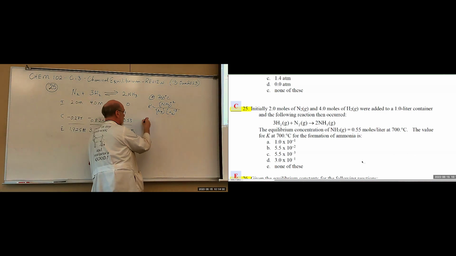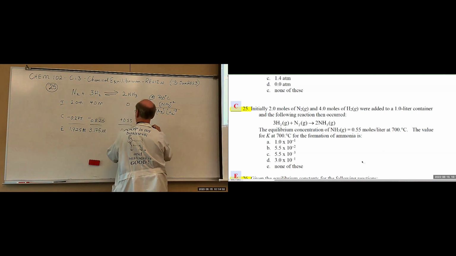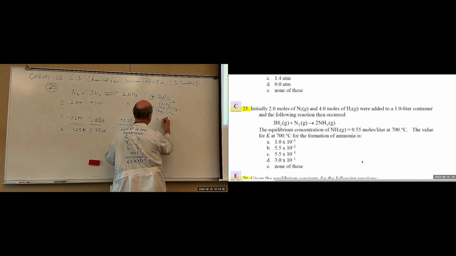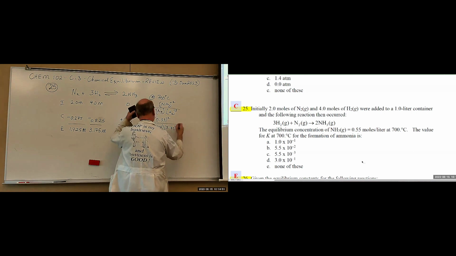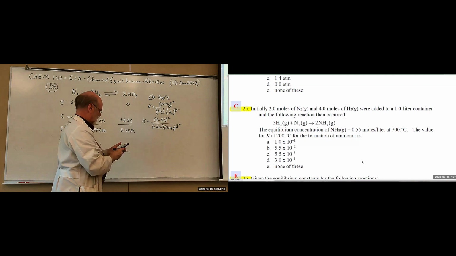And we can just plug them into the equation. Ammonia is going to be 0.55 squared. Nitrogen is going to be 1.725 to the first power, and hydrogen is 3.175 cubed. Okay, so let's see.